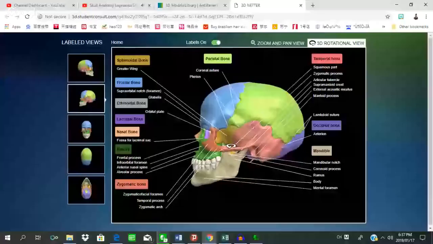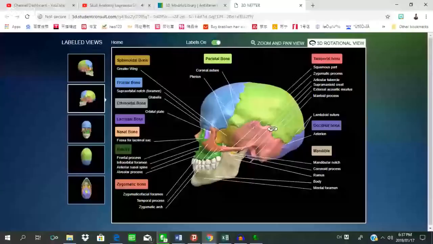And interestingly enough, when you look at the temporal bone, it's going to have a zygomatic process, which is sort of extending towards the zygomatic bone.